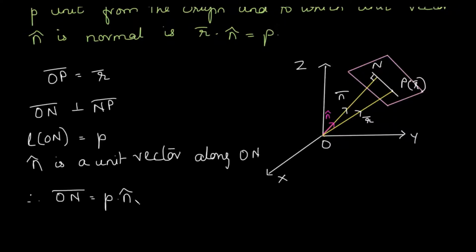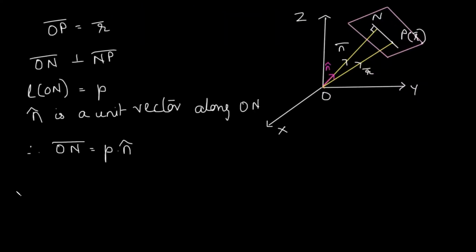Then we also have NP in position vector form: NP is equal to OP minus ON, which is R bar minus ON bar. Now ON bar is p n cap.